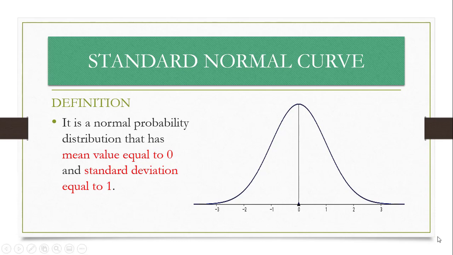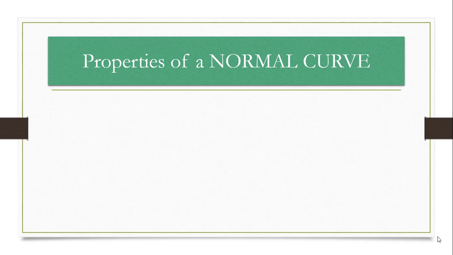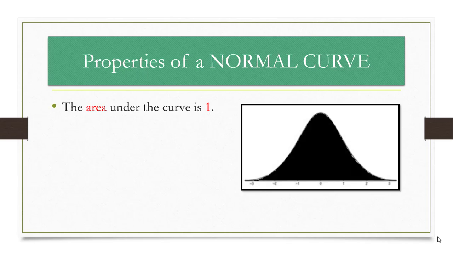Let us take the next property of a normal curve. The area under the normal curve is equal to 1. What we mean by that is like this. All the area, this shaded part, is equal to 1.